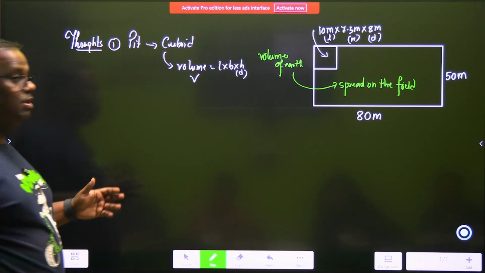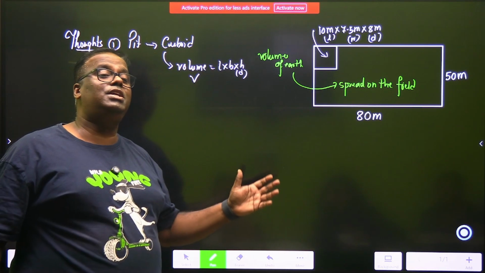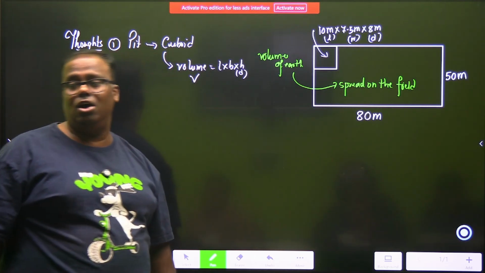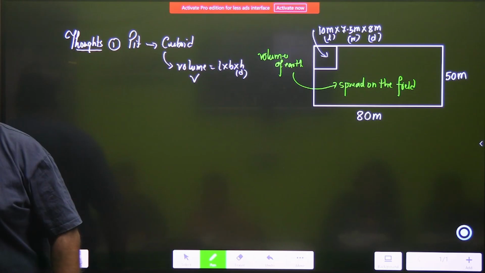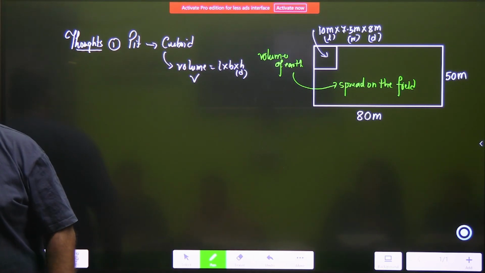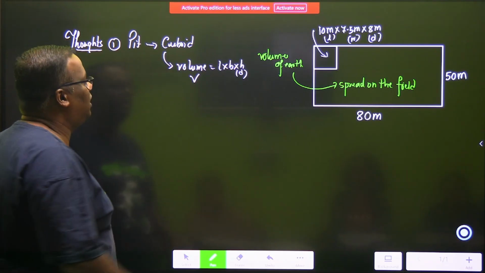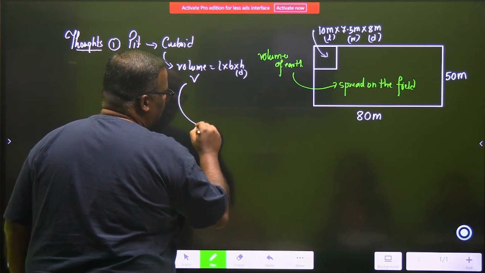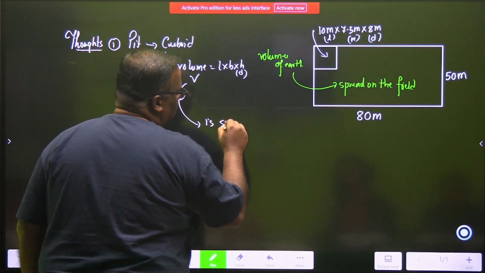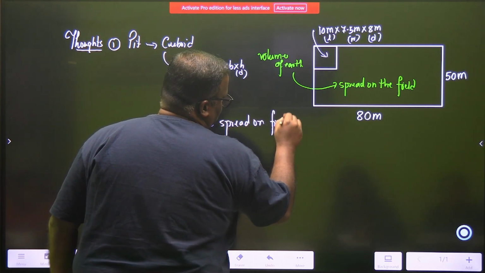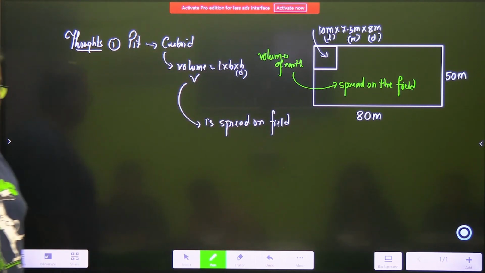This volume is being uniformly spread over a field, but the field now is no more in the shape of a cuboid or a rectangle. So the volume of mud cannot change.